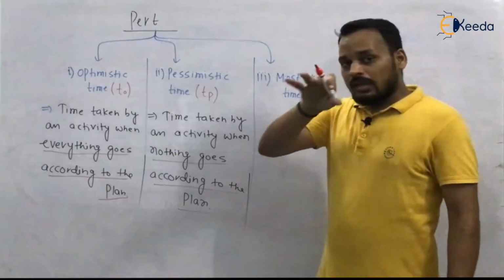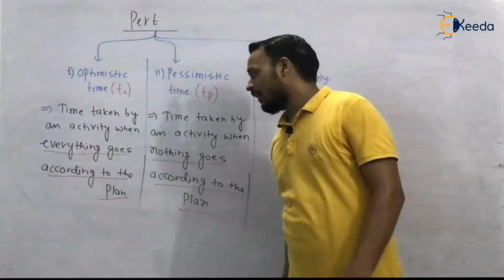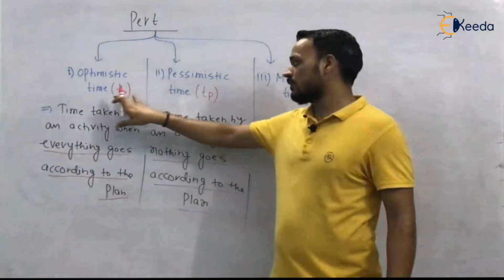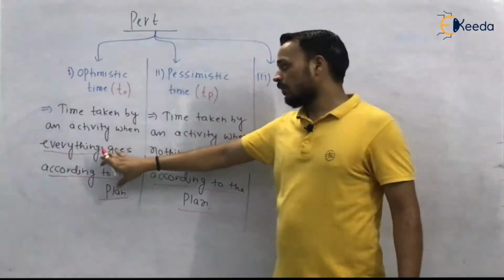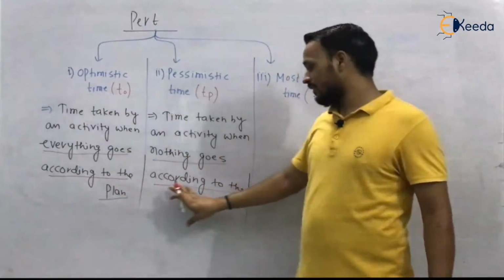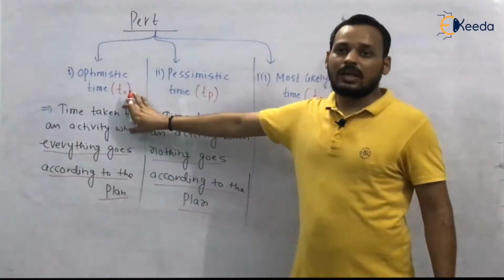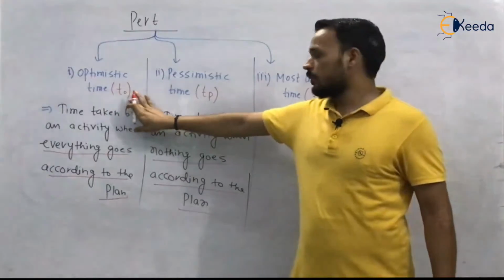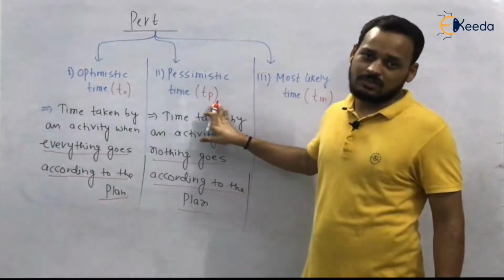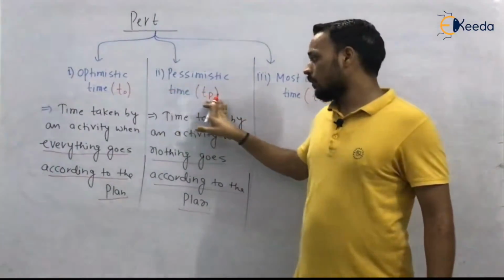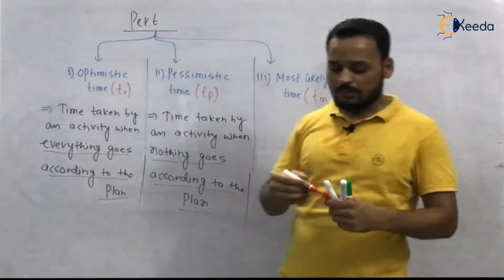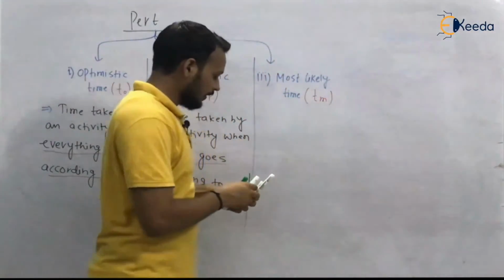So just think about which time will be less and which time will be more. This is the time when everything goes according to the plan, and this is the time when nothing does. It means optimistic time will always be less than the pessimistic time. And the third time is most likely time.